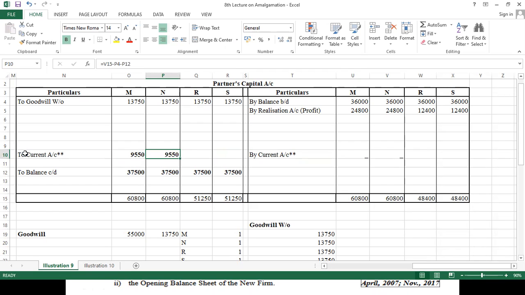Okay. Now here in both the cases the debit side is heavy. So let's calculate on the credit side: 51,250 minus 12,400 minus 36,000. So here we got 2,850. So here also we are going to write 2,850. Okay.